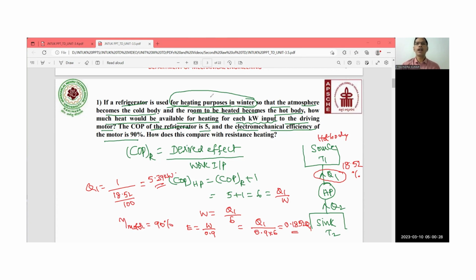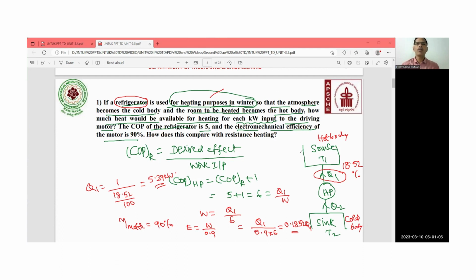So the understanding of the problem is very important. If you just think, yes, a refrigerator is given, then directly applying the refrigerator COP and solving will be completely wrong. Though a refrigerator is given here, it is used for heating purposes in winter, so the atmosphere becomes the cold body, and the room to be heated becomes the hot body.